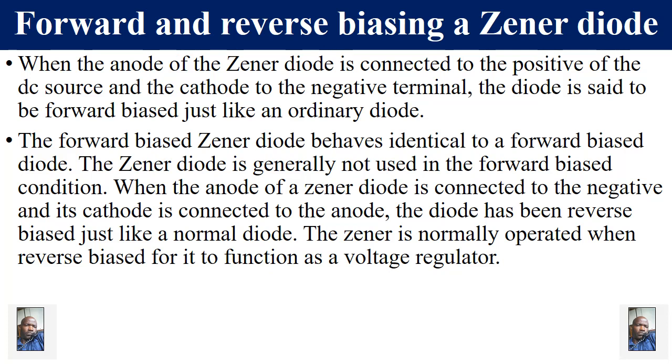It is operated in the reverse breakdown region, and when operated there, we have the voltage regulation function, which is the major function we are going to dwell on in this presentation.